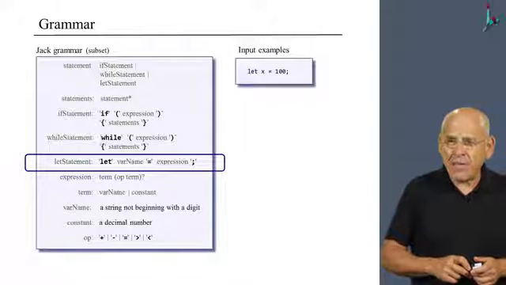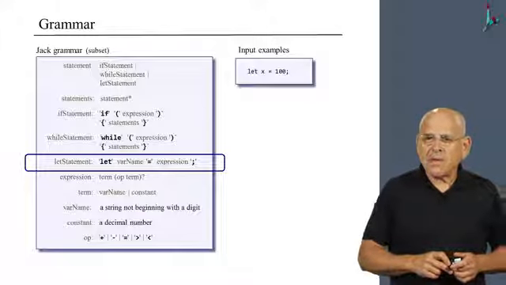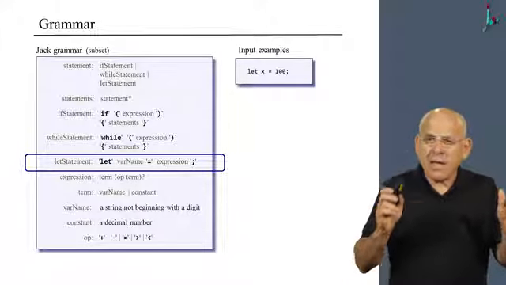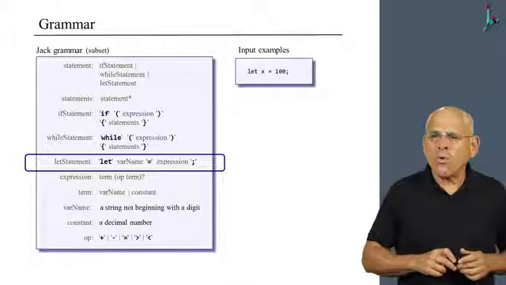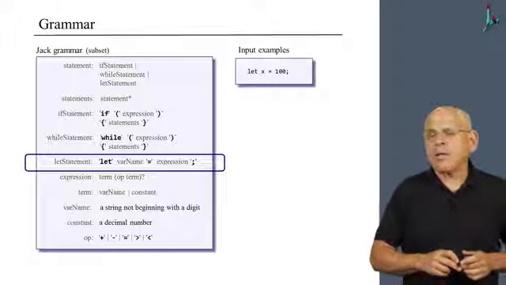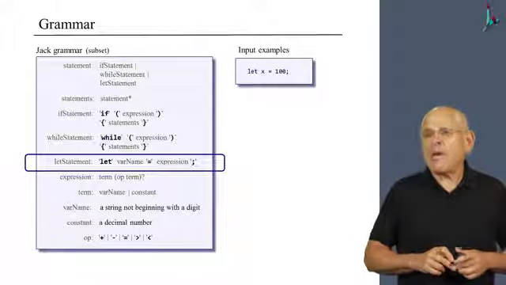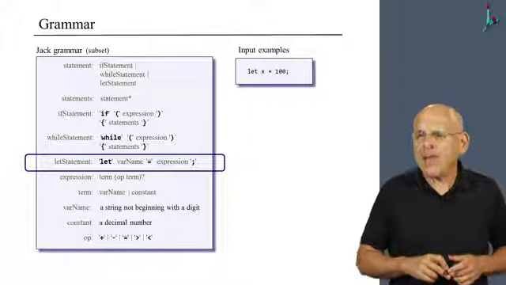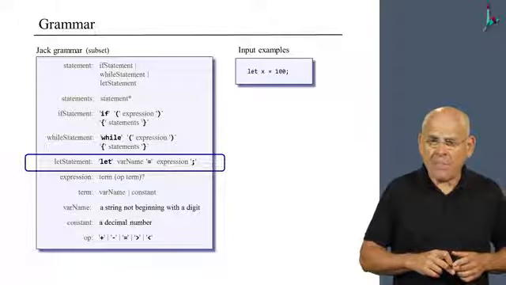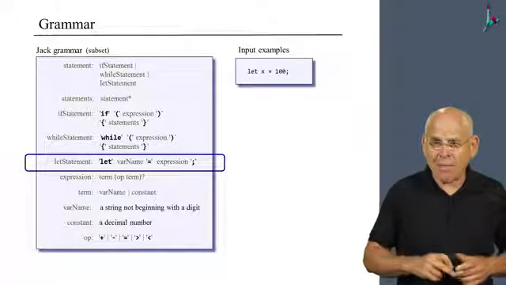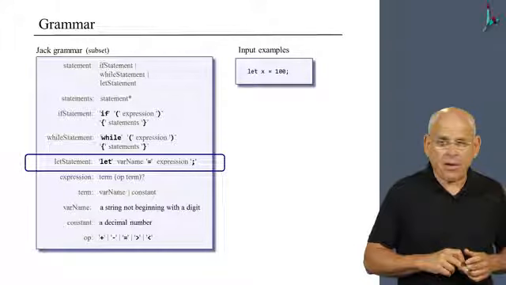Now, a var name is also a term. And I'm sorry, all we need is a var name, right? Because after let, we need a var name. We have it. Then, according to the rule, we have to have an equal symbol, and we do have an equal symbol. Moving along, we have the token 100. What is 100? Well, according to the grammar, 100 must be a constant because it's a decimal number, and a constant is also a term.